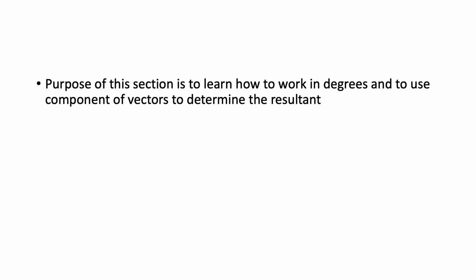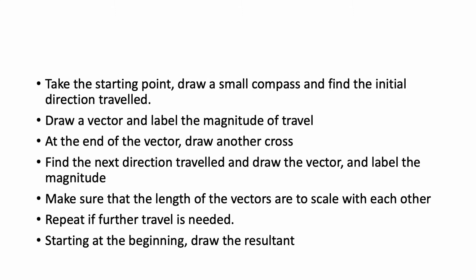So the procedure is that you're going to take a starting point, draw a small compass, and then go from that first direction traveled. Basically, draw a small compass rose, an X across, so it looks like this.